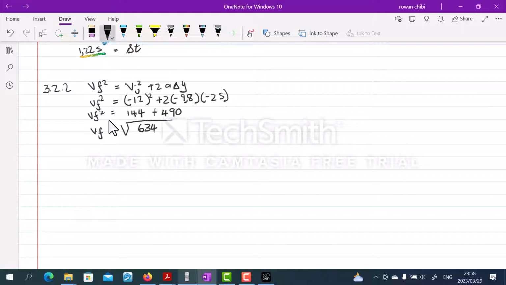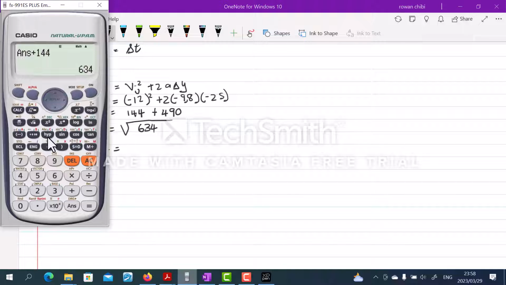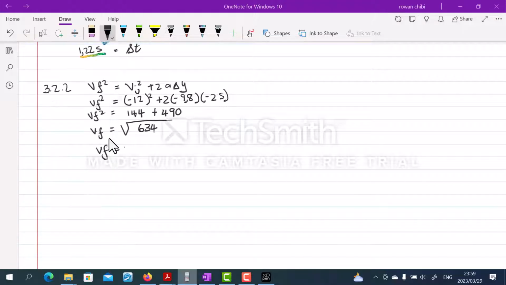Then you take the square root of 634, and we get the answer to be 25,18 meters per second. Then it is going down, so that means this value is negative.